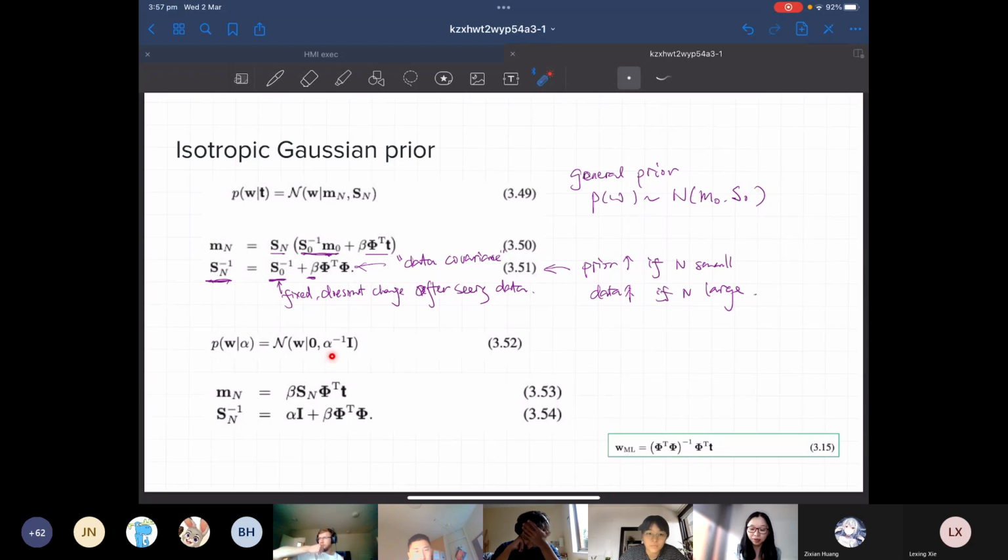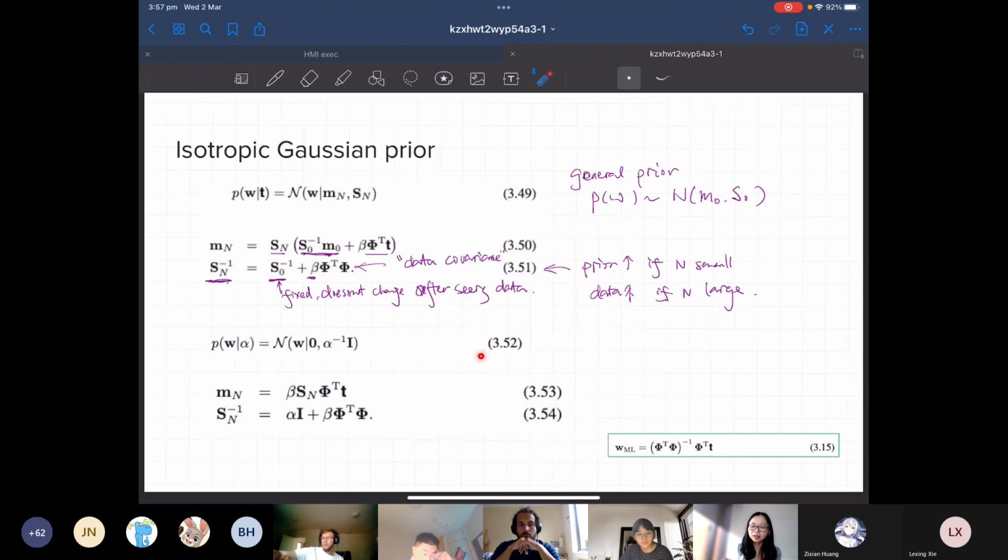So now we simplify. We assume W is what's called an isotropic Gaussian, basically a spherical Gaussian, where in each of the dimensions the covariance is alpha, or 1 over alpha, actually.